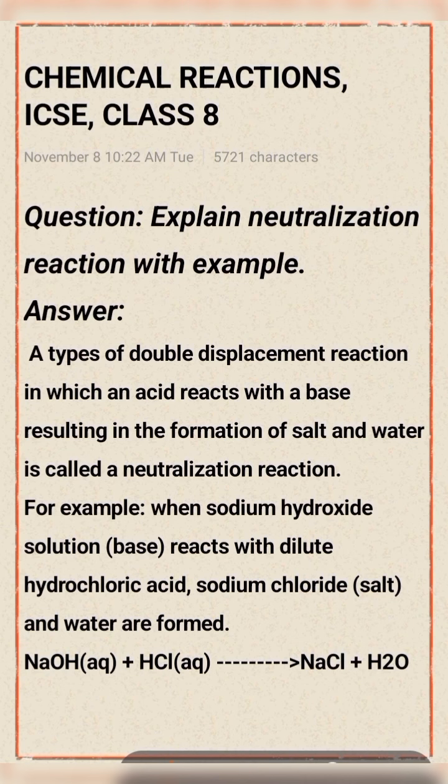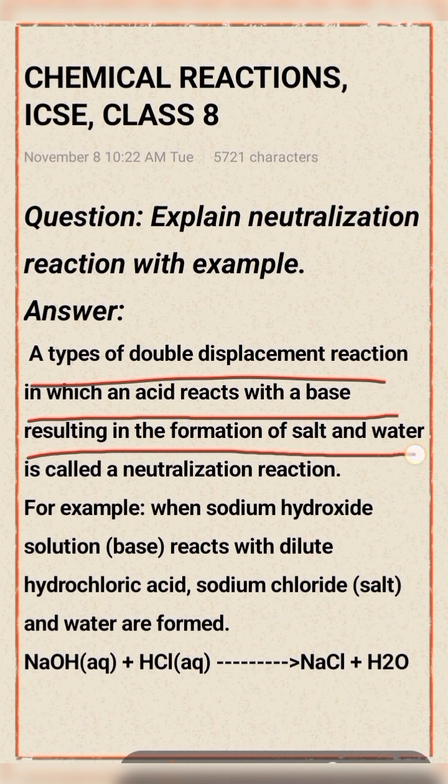Explain neutralization reaction with example. A type of double displacement reaction in which an acid reacts with a base, resulting in the formation of salt and water, is called a neutralization reaction.